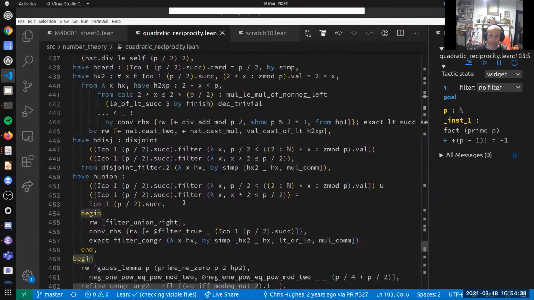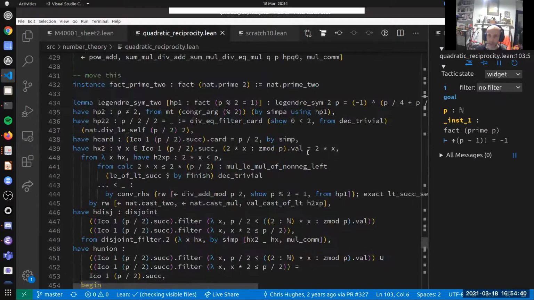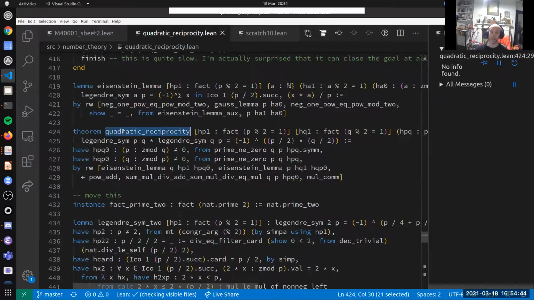There's things for 2. Oh, here it is. No, that's not it. Oh, here it is. It's the one called quadratic reciprocity. There it is. The Legendre symbol P over Q times the Legendre symbol of Q over P is equal to some sign. And this is natural number division, so this is rounding down.